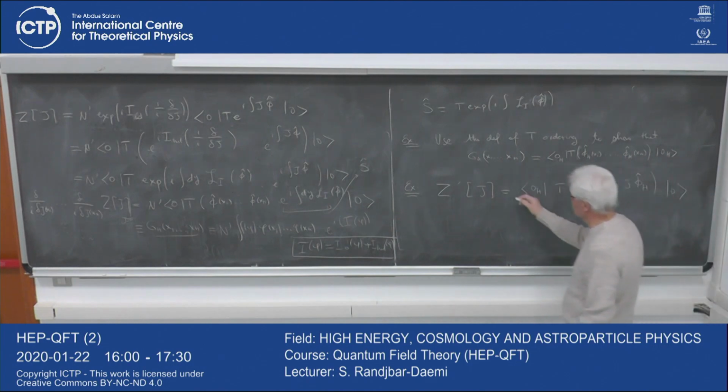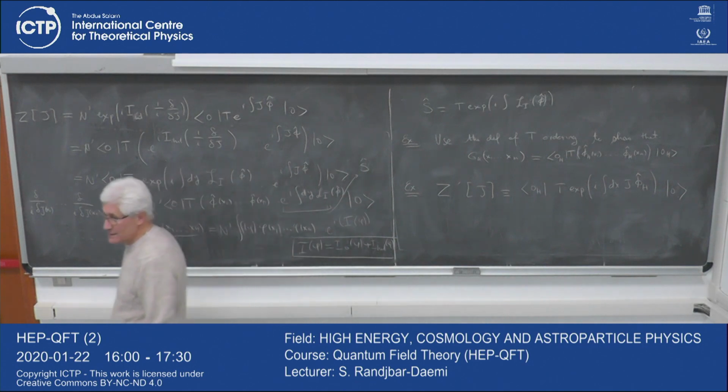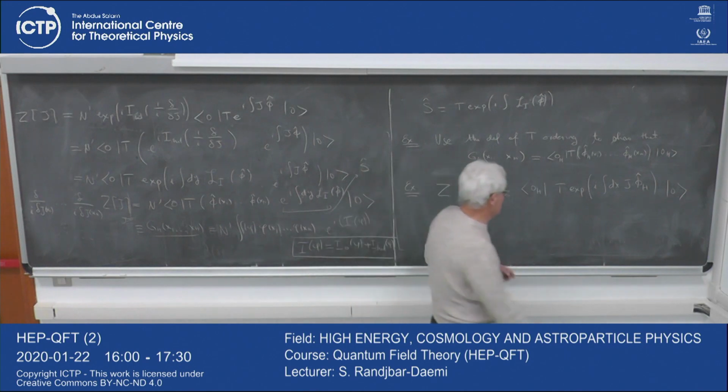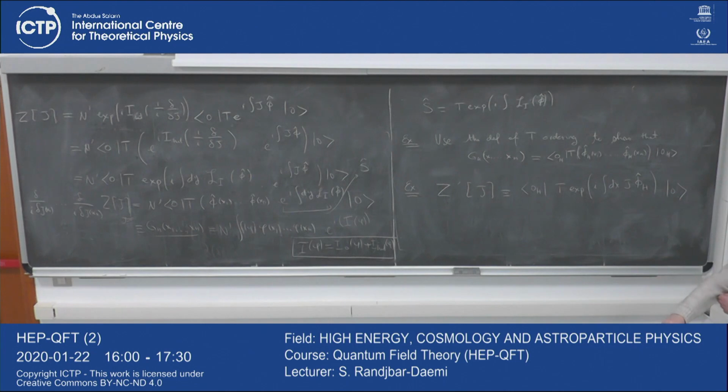It's a definition. In the last lecture I gave you an exercise exactly like this, except that I had a 0 here and this was the free field operator. Now we would like it to be the Heisenberg field operator.